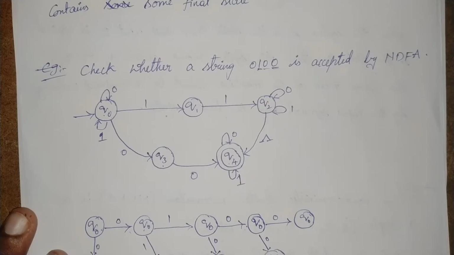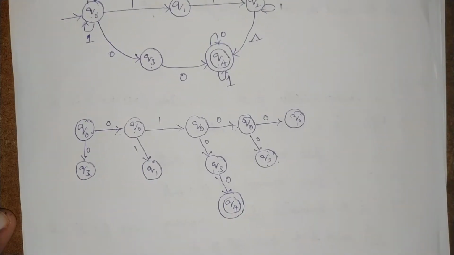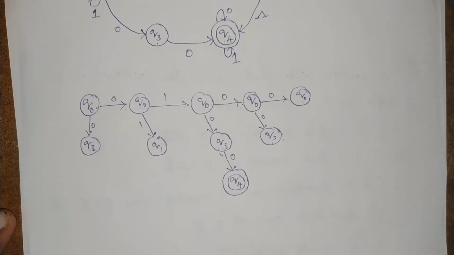So now we can note the final state. So when 0 is applied to the state Q3, then it moves to the final state.